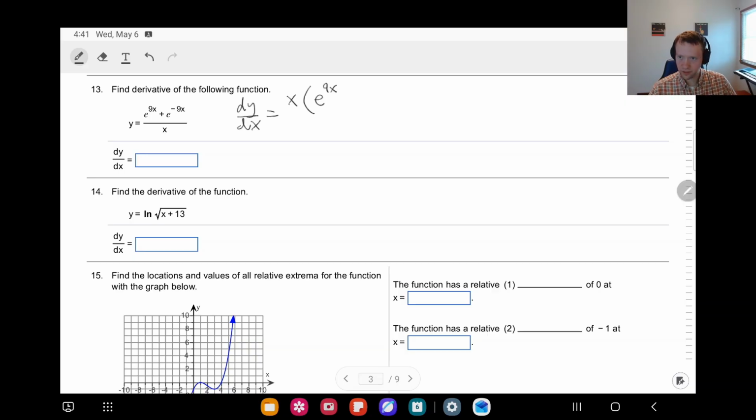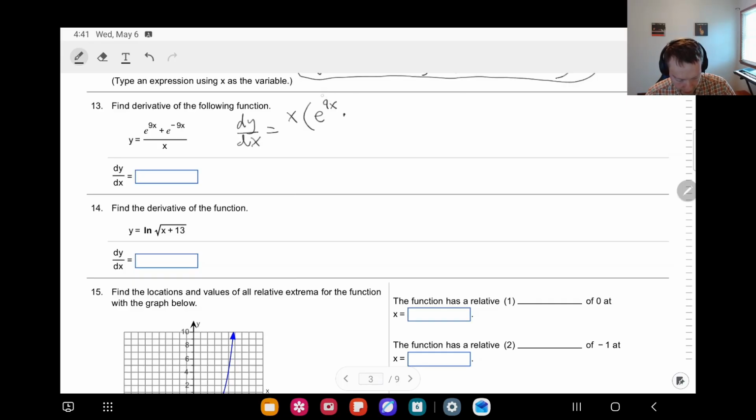The outer derivative is the e part, and the derivative of just plain old e to the x is itself. So this is the outer derivative, part of chain rule. And then you have to multiply by the derivative of the inside. That is the derivative of 9x, which is 9.